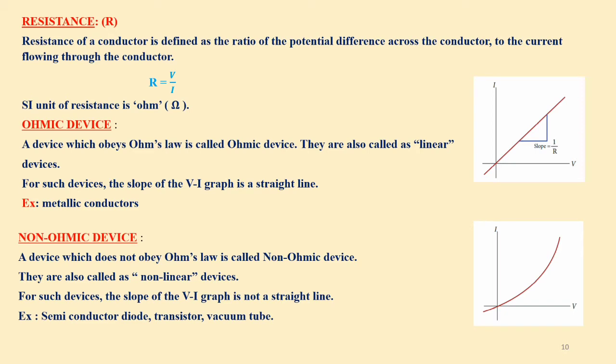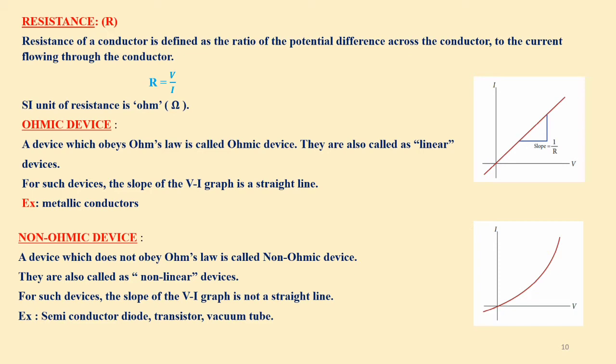You choose any 2 points on this straight line and take the ratio of the y-intercept by the x-intercept. That slope is equal to current divided by voltage. The reciprocal of the slope is equal to voltage by current, that is equal to the resistance.